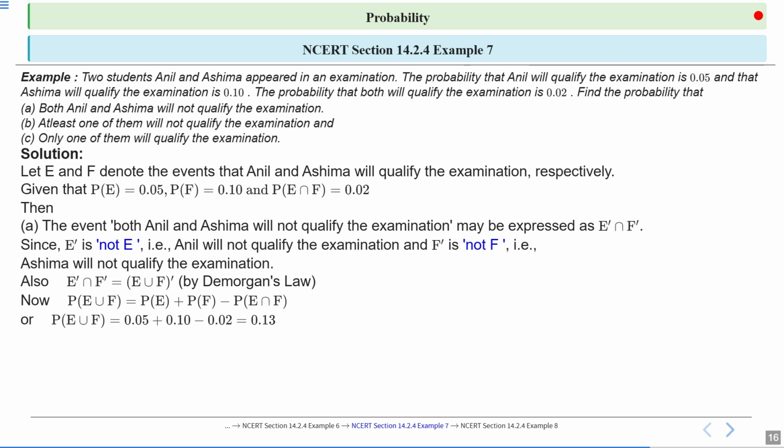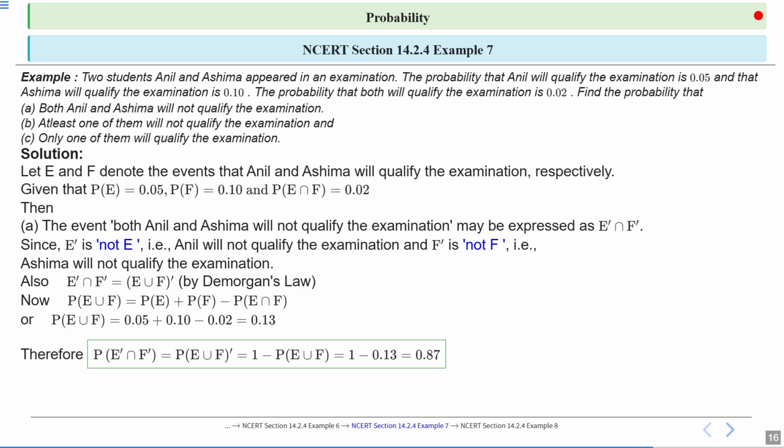So probability of E union F is equal to 0.05 plus 0.10 minus 0.02. After calculating, you will get 0.13. So probability of E union F is equal to 0.13. Clear?